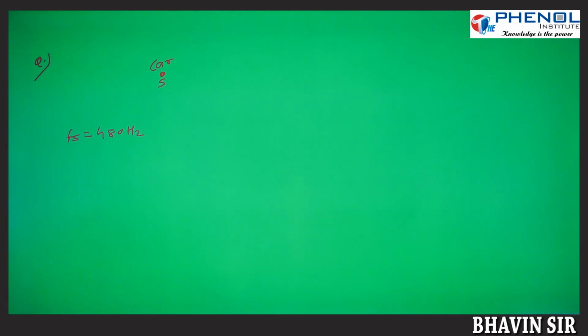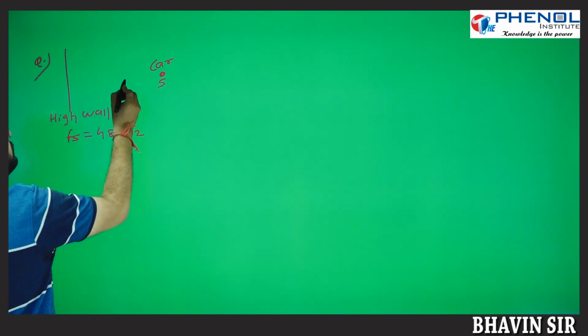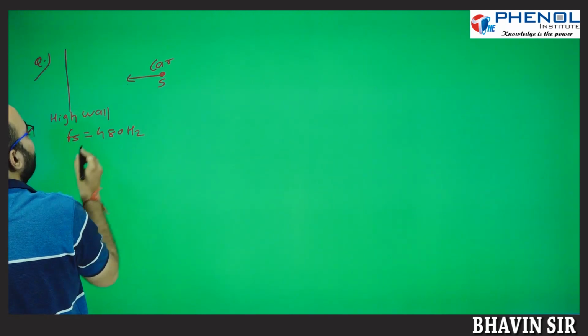Then it moves towards a high wall at a speed of 20 meter per second. So this is the high wall.